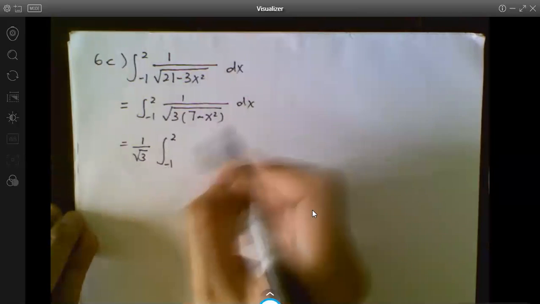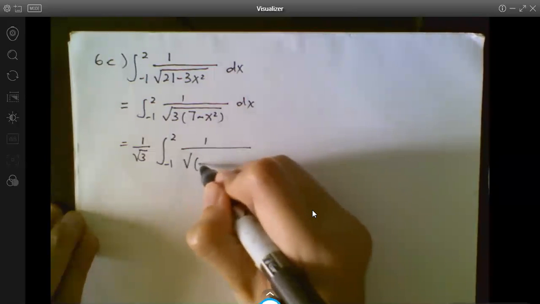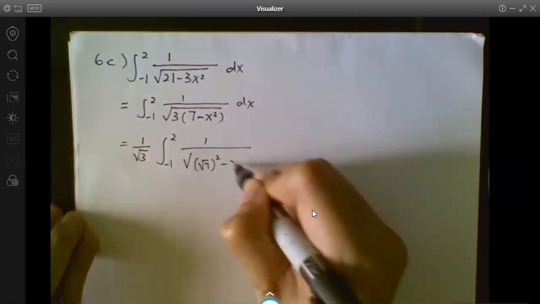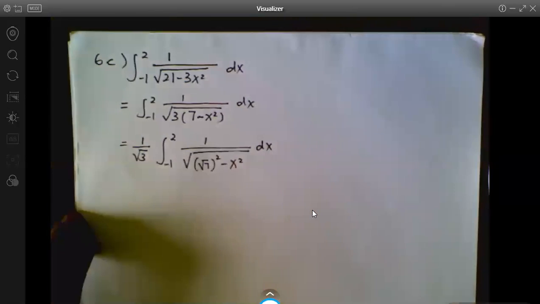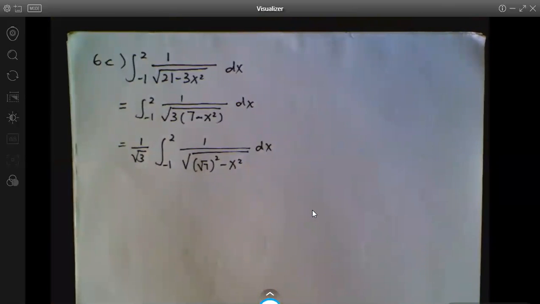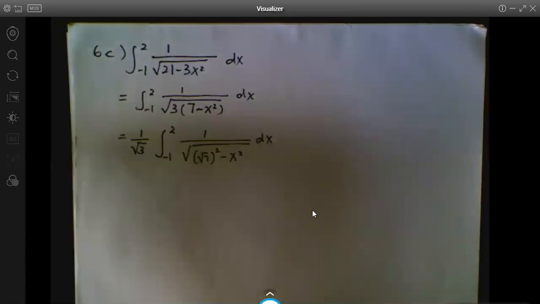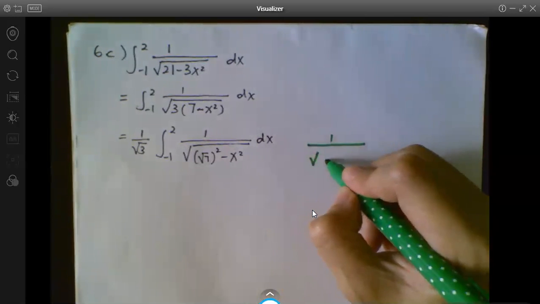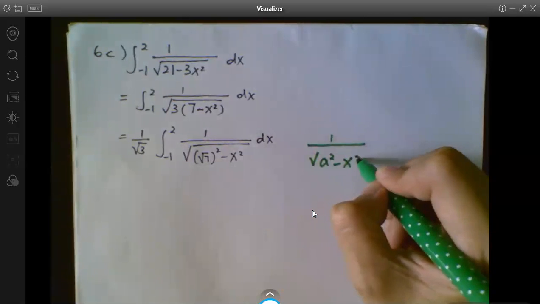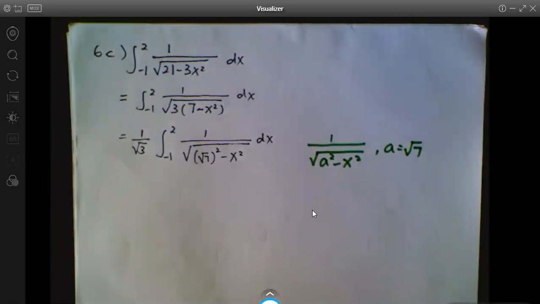Integrate from -1 to 2, 1 over square root of 7 minus x squared, so our a is square root of 7. From the formula, you should use the one with 1 over square root a squared minus x squared. Here your a is root 7.